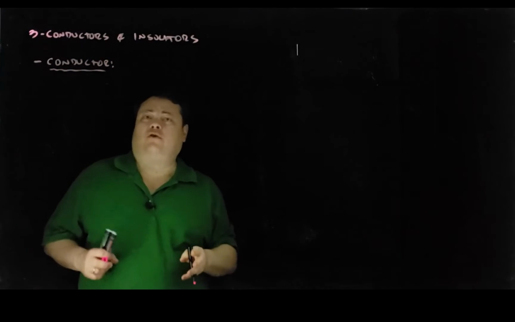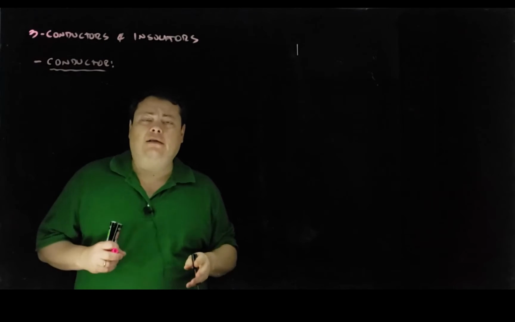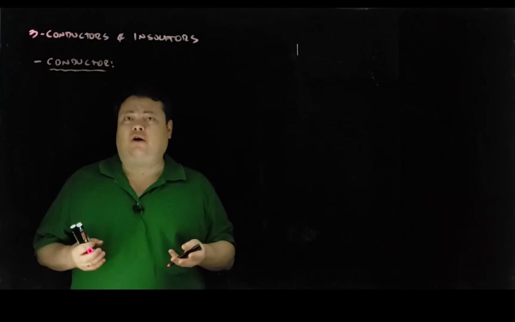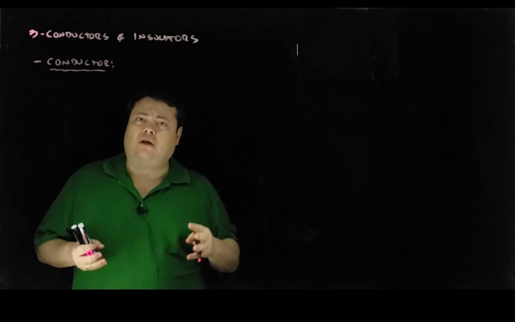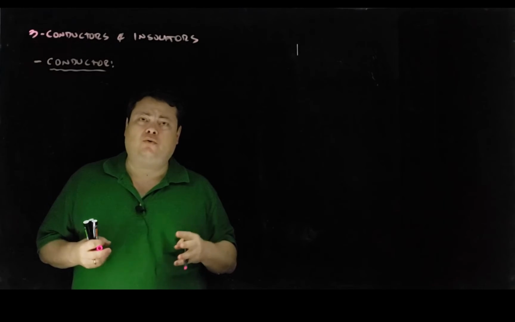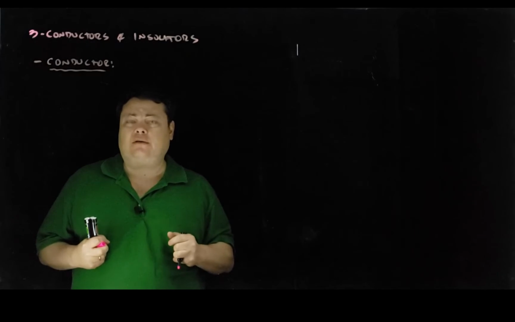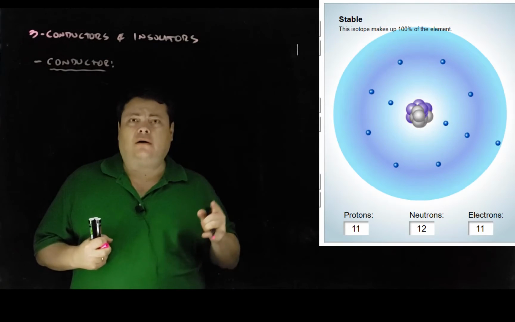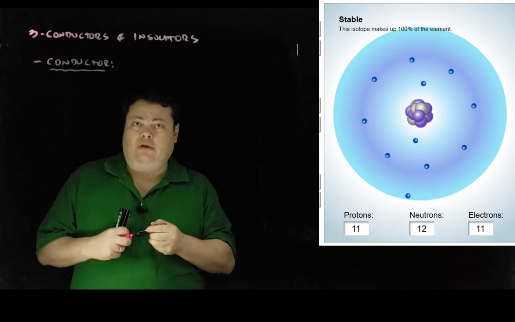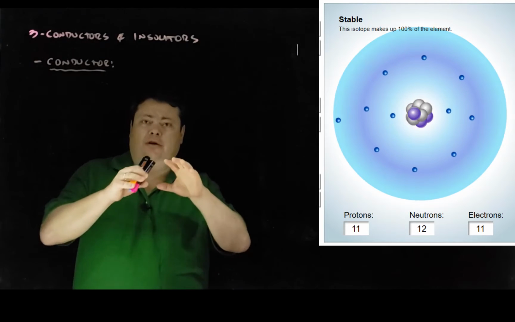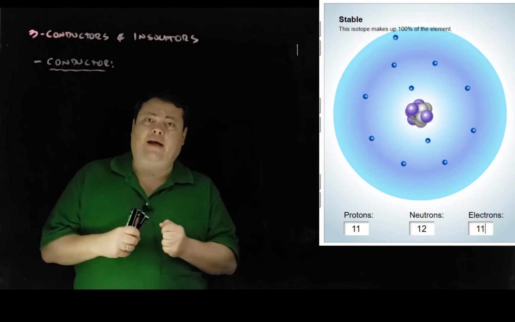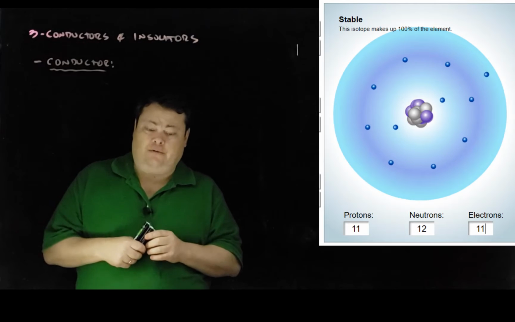The characteristic of a conductor is that the electron of the outermost shell is not so strongly connected to the nucleus, as we can see on this simulation here, where the outermost electron is kind of shielded from the interaction with the nucleus by the innermost shells of electrons.